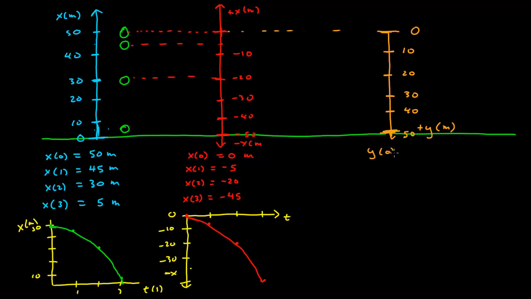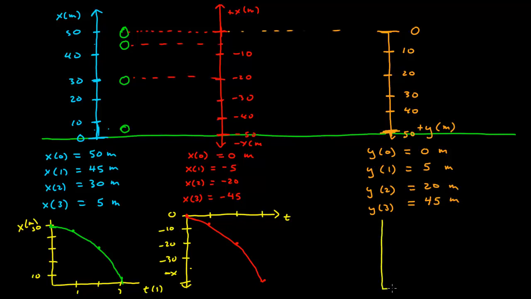So here, at t equal to 0, the position y is 0 meters. The y coordinate at 1 is now +5. Y at 2 is then +20. And y at 3, I'm running out of space to make my graph here, is 45 meters. So what does this look like graphically? Well, again, 1, 2, 3. This is time in seconds.